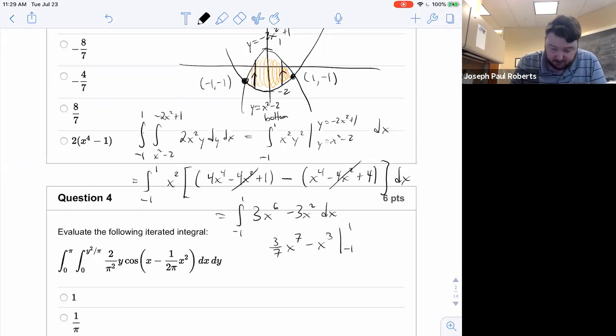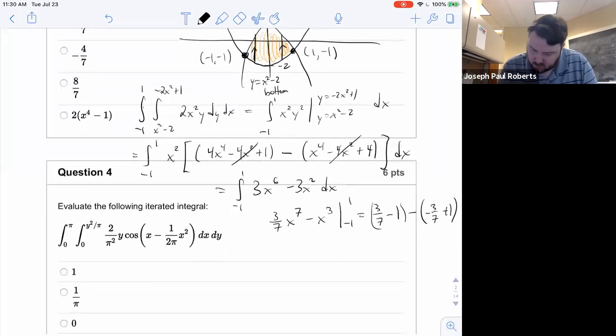So I get, what, 3/7 minus 1 minus, and then at negative 1, we'll have minus 3/7 minus negative 1. So, what, 6/7 minus 2 is negative 8/7.